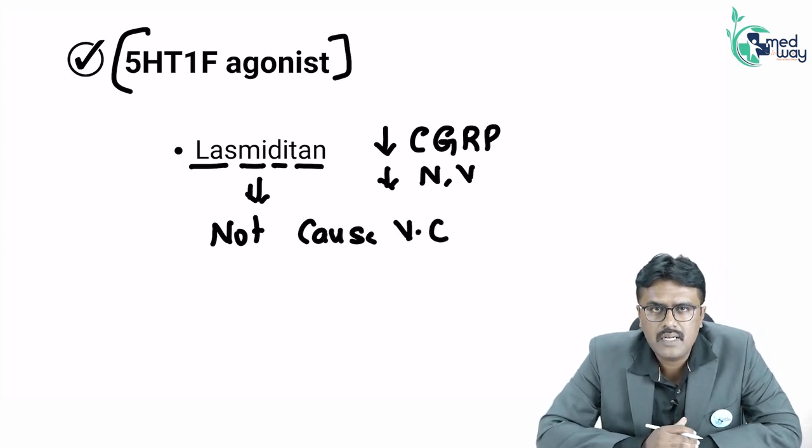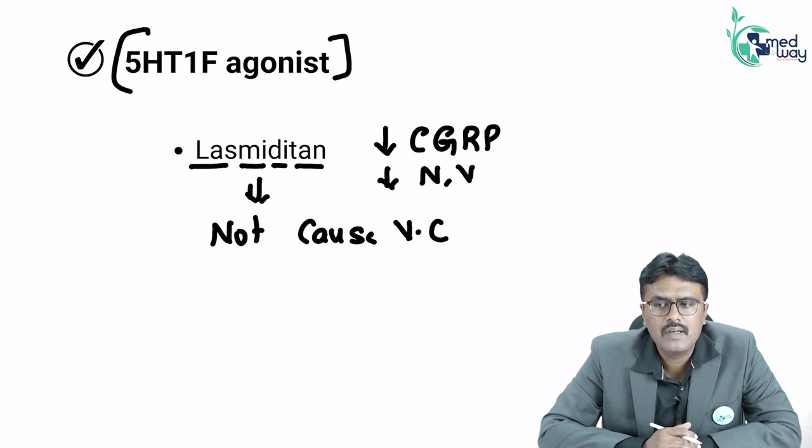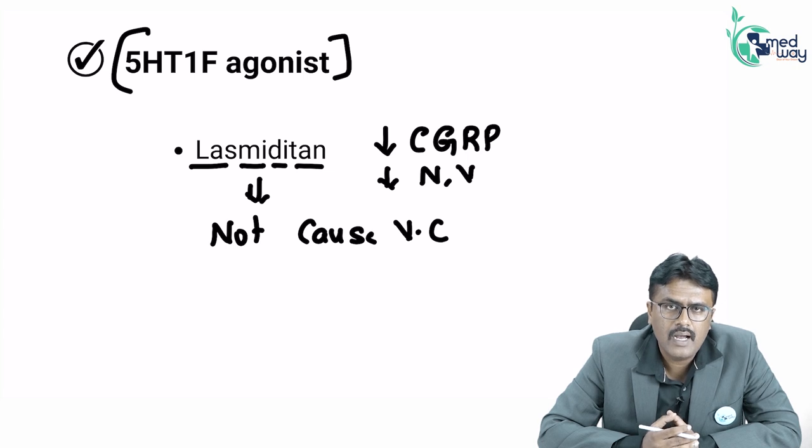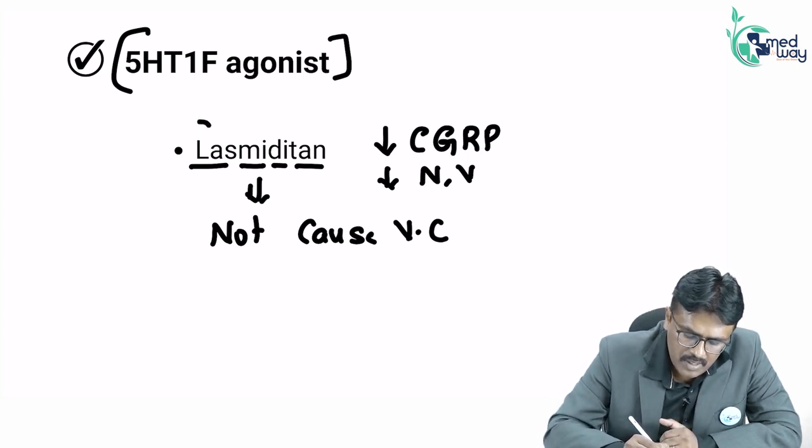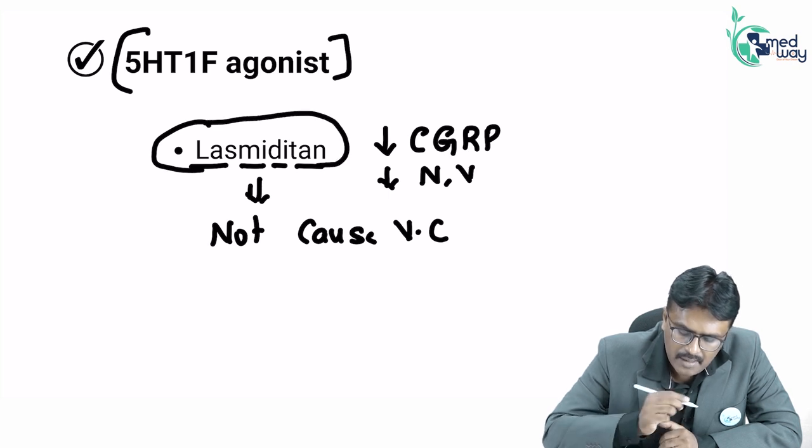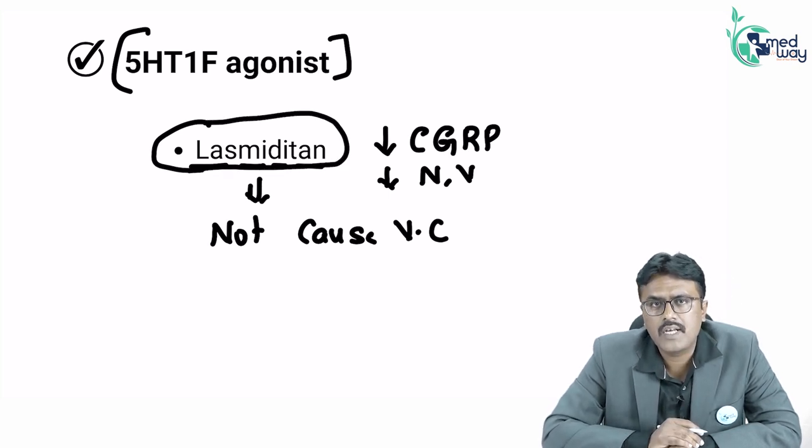That means you can use it in a patient with ischemic heart disease or uncontrolled hypertension. So for anybody having cardiovascular risk and an acute attack of migraine, the recently approved drug is lasmiditan, because it will not cause vasoconstriction. The name is lasmiditan.